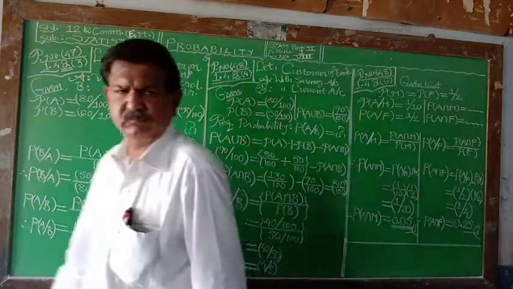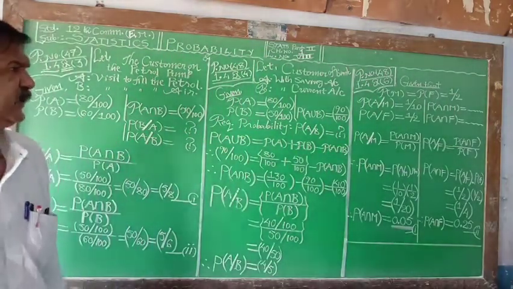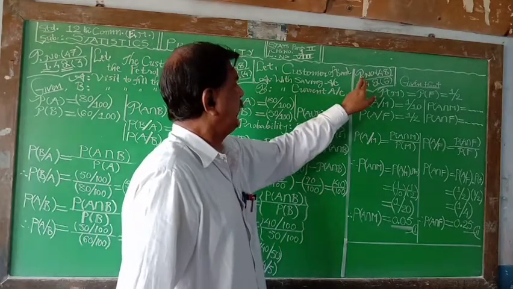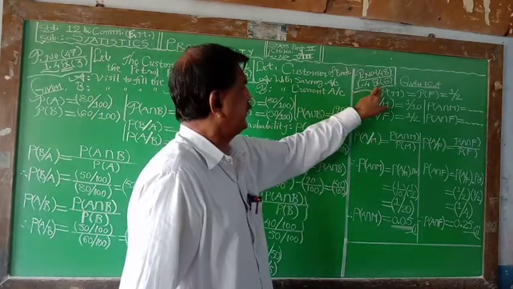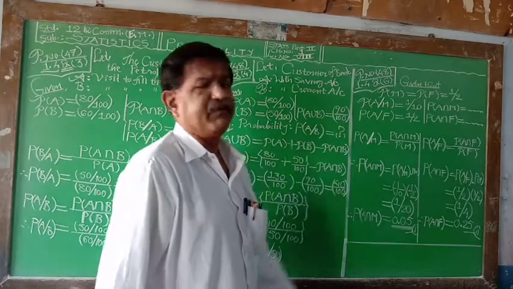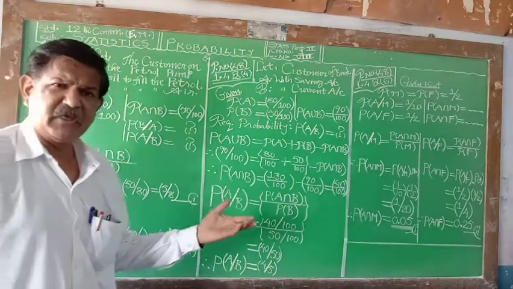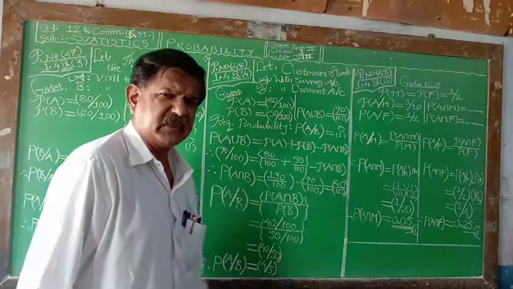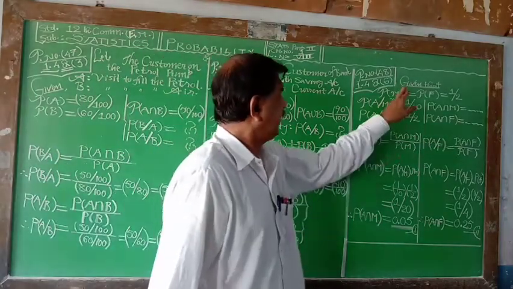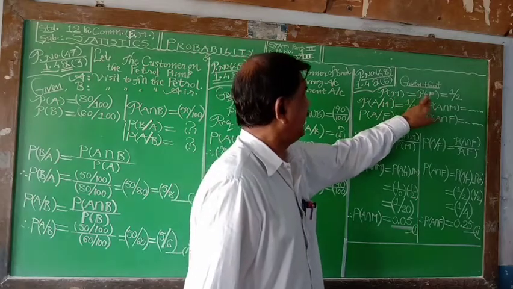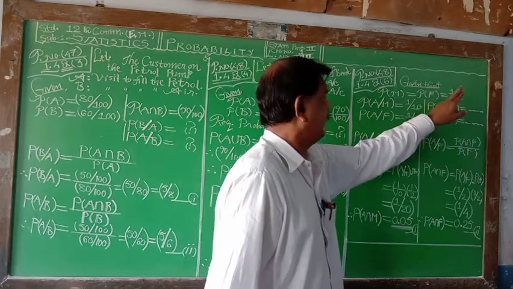Now, the next example on page number 48, 1.4, question number 6. This is a board example. Out of 5 exams, at least 3 times it was asked in the previous board exams. Given that probability of event M equal to probability of event F equal to 1 upon 2.